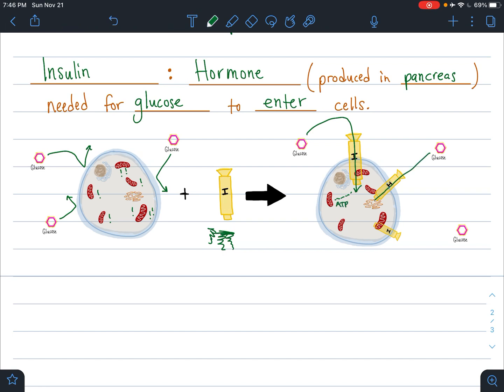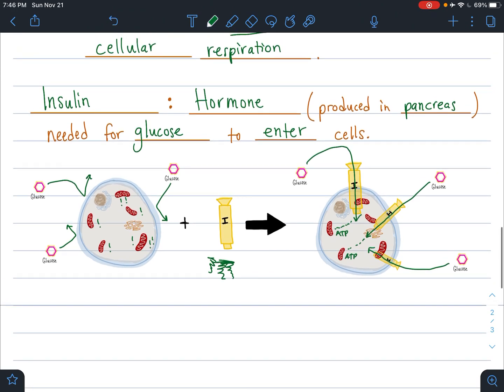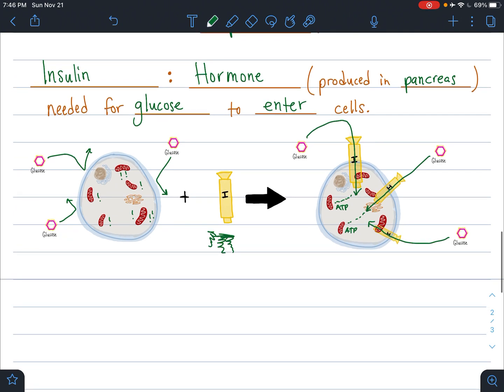And the glucose can travel through the insulin. It has to go through the insulin. And if the insulin is not there, then glucose is unable to get inside of the cell to make the ATP energy. So insulin is really important. It's a hormone produced by the pancreas, and it works with a cell to allow the glucose to come in for ATP energy to occur.